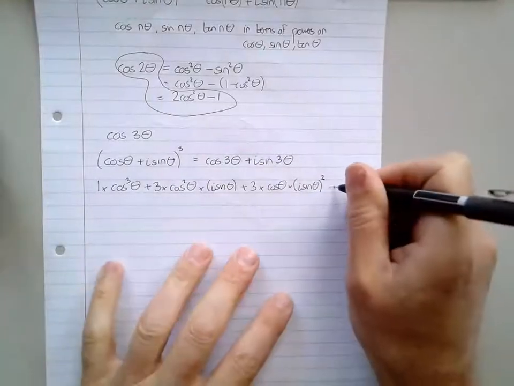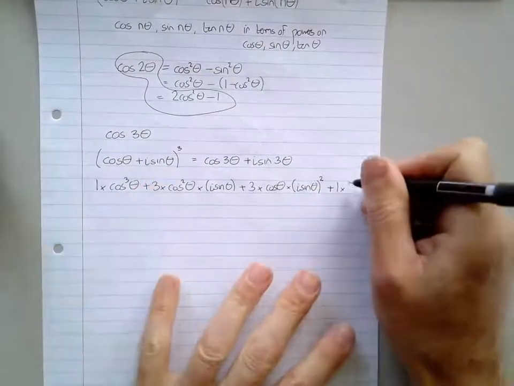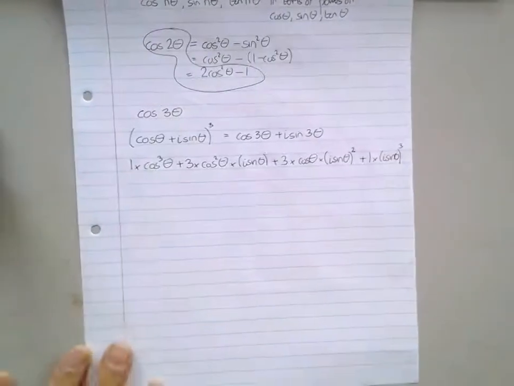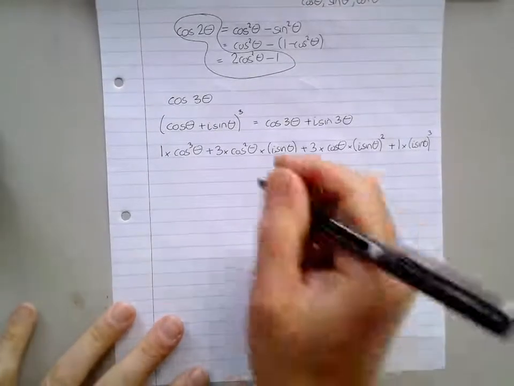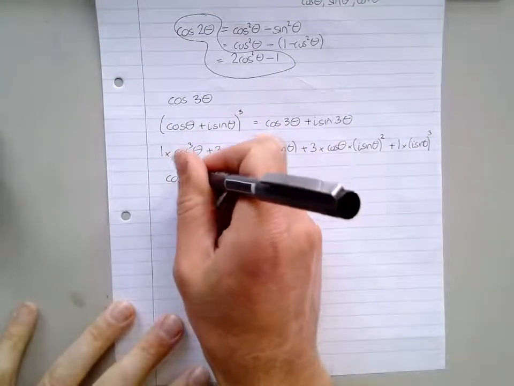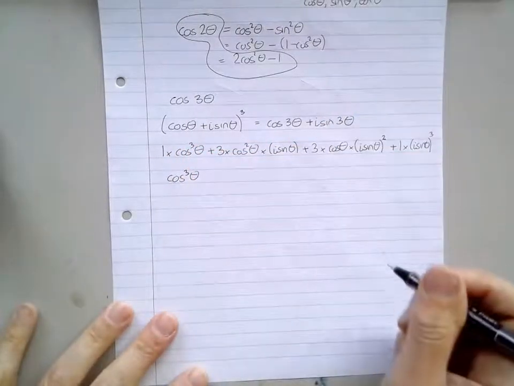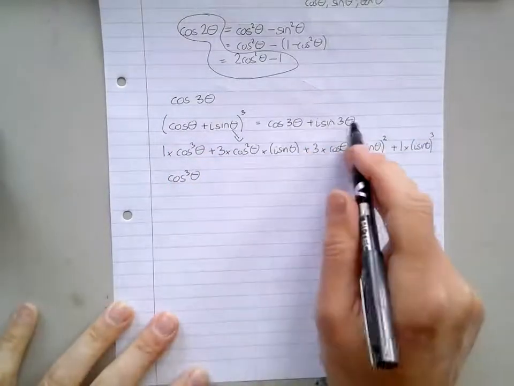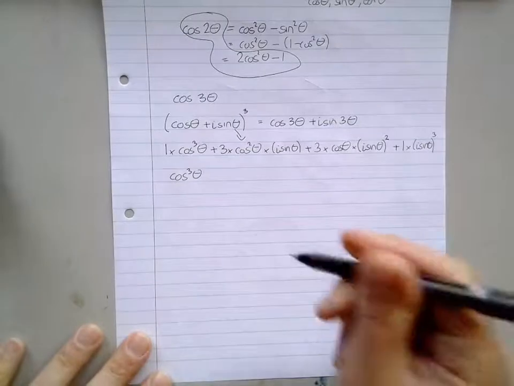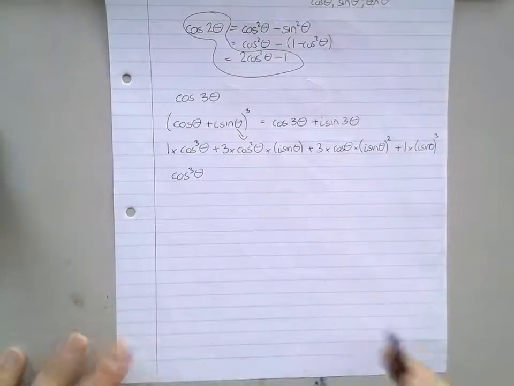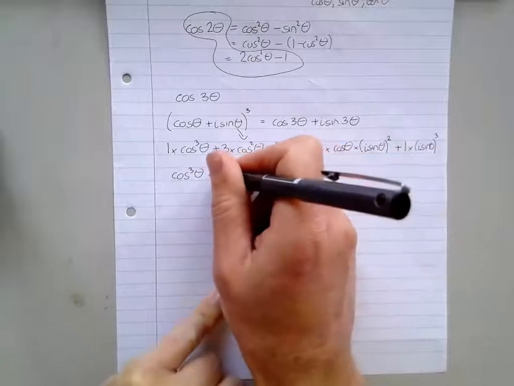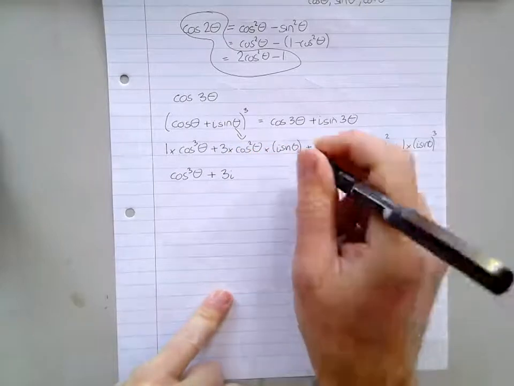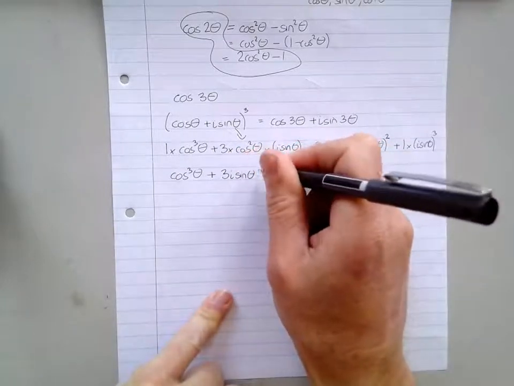And then finally it's going to be 1 lot of (i sine theta) cubed. And then all I do now is have a little fiddle with that, make it look a bit nicer. So I get cos cubed theta. I should clarify, I should really set it equal to that, but I've run out of space, so I'm not going to. So cos cubed theta, and this term here is going to be 3i sine theta cos squared theta.